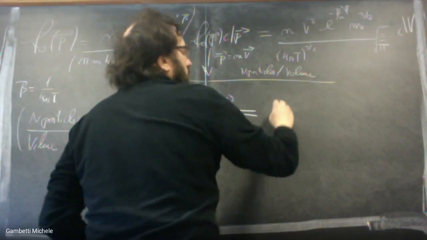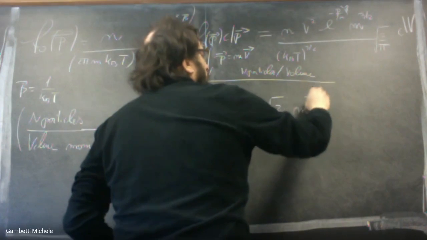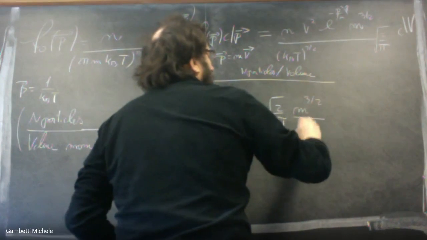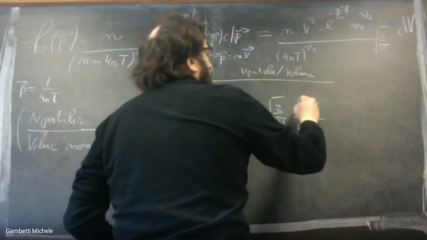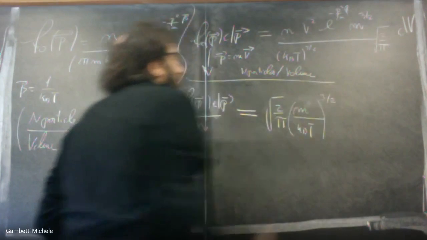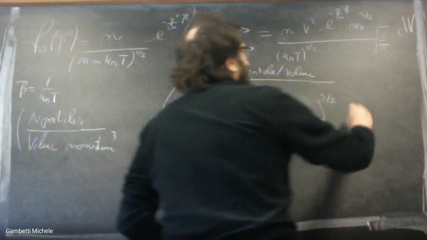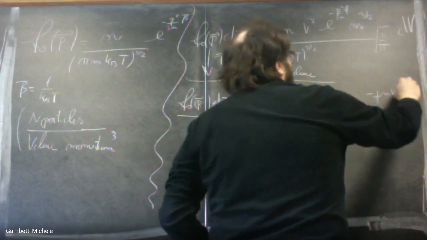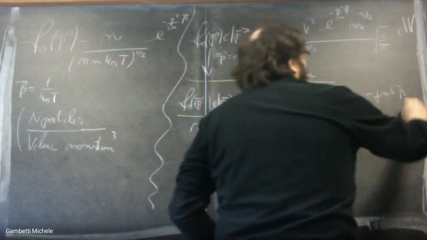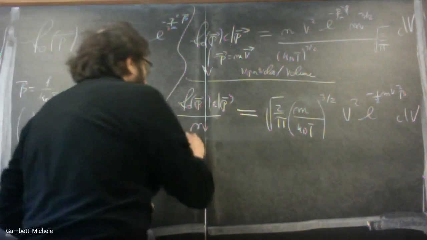Let me put the factor here, 2 pi kT over m, everything to the power of 3/2. Then I have a v squared exponential. Let me write this in terms of velocity, which is the same, and then the dv.